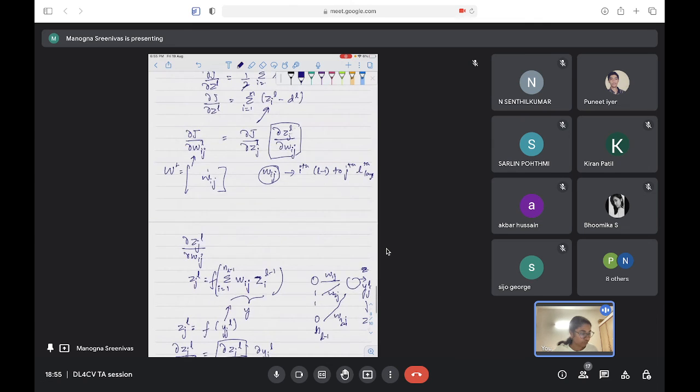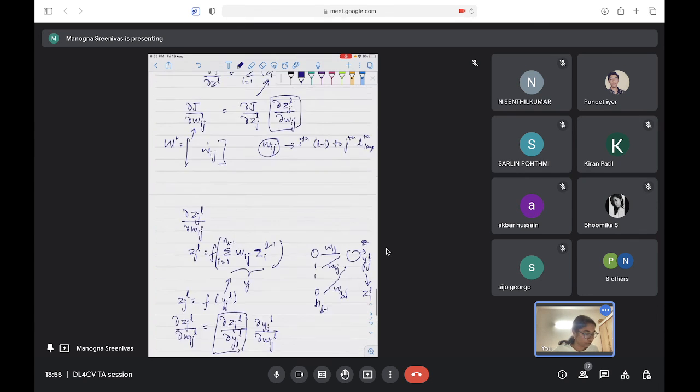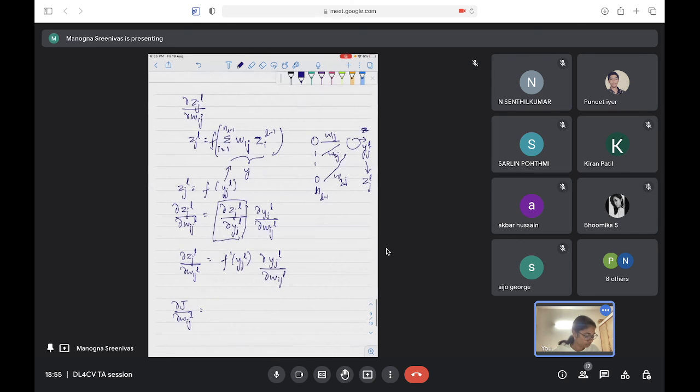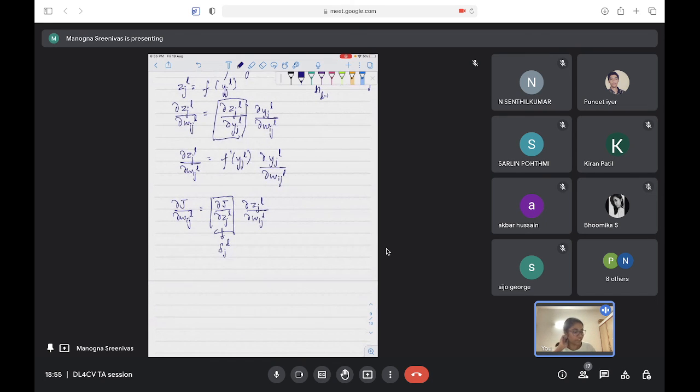But where do I want to plug this in? At the end, I want to compute ∂J with respect to this particular weight. So the equation we got was ∂J by... this is usually abbreviated by delta j of L, because at every layer I would have to compute this.